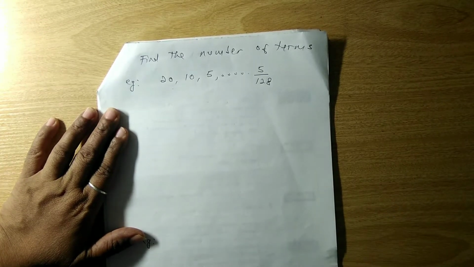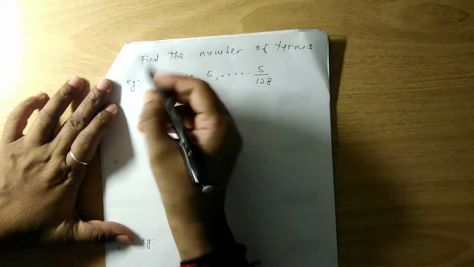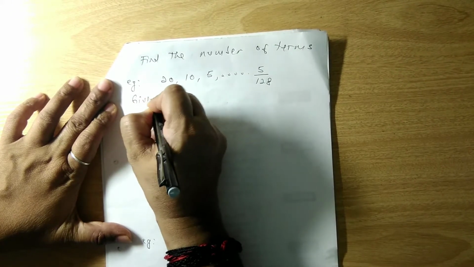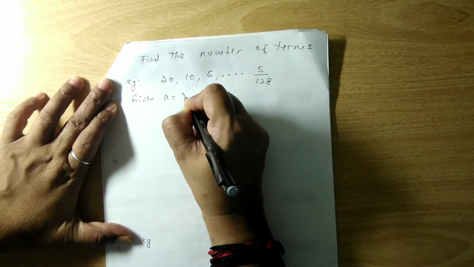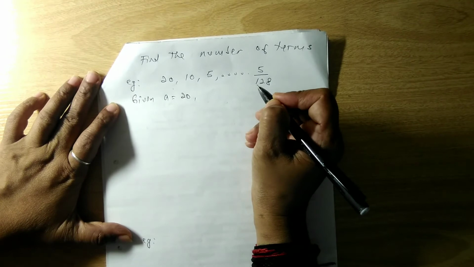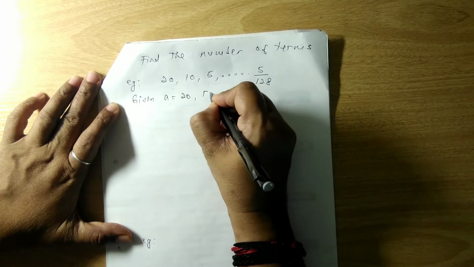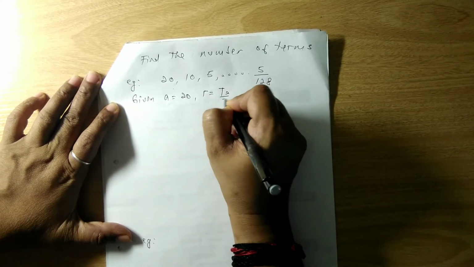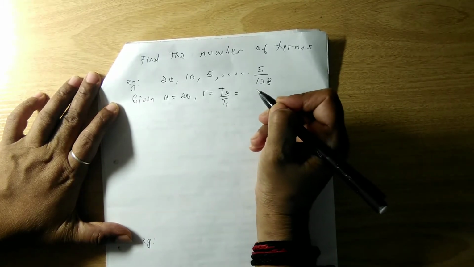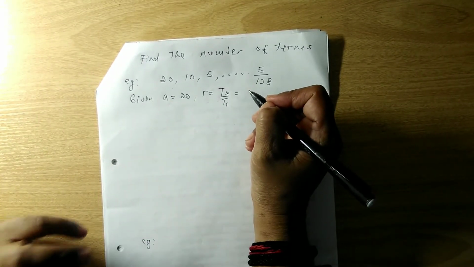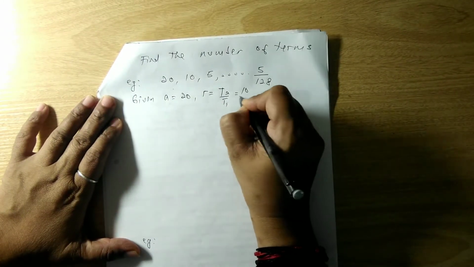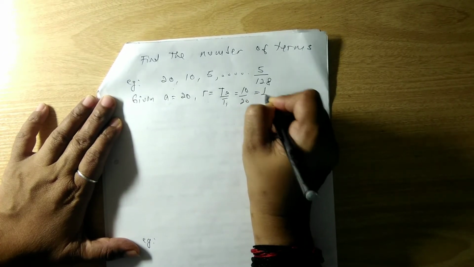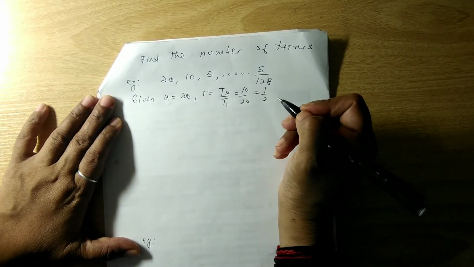Here I'm given my A is 20. To find my R, I can just take T2 over T1. This is a geometric progression, so we do not have to prove it. So my R is half.